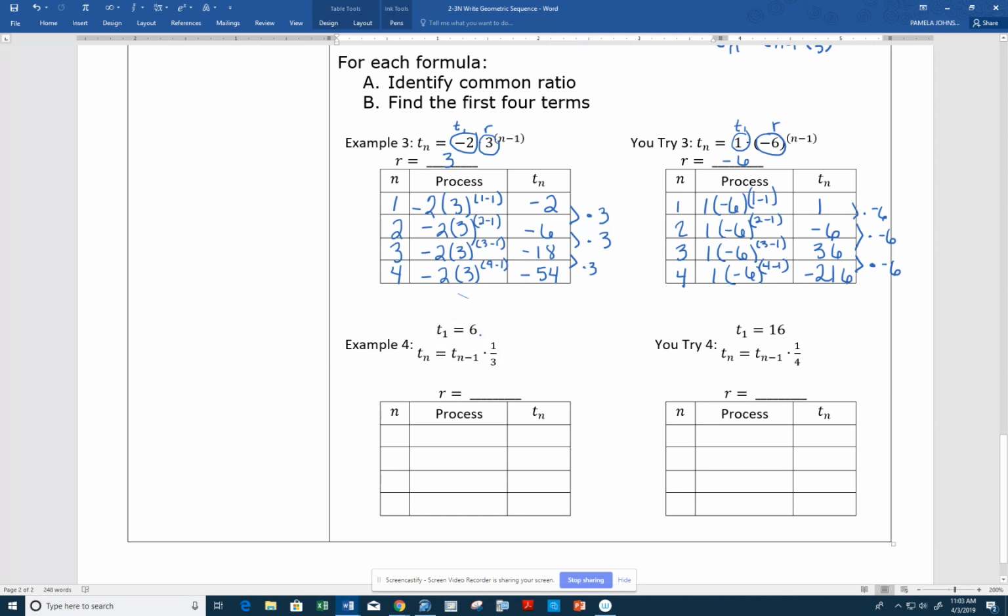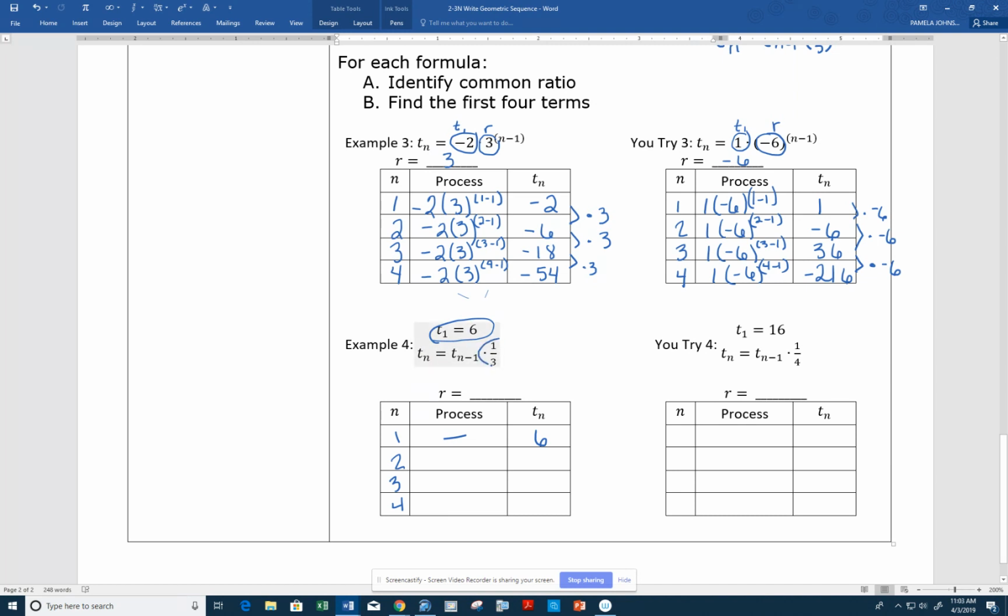Let's look at example 4. If you notice, example 4 is in recursive format. So the first line gives us our t sub 1. So when we fill in our table 1, 2, 3, 4 for our n, it tells us our t sub 1 is 6. So there's not another formula we're using. We're just doing t sub 1 equals 6.